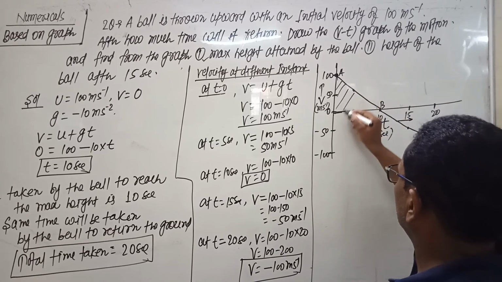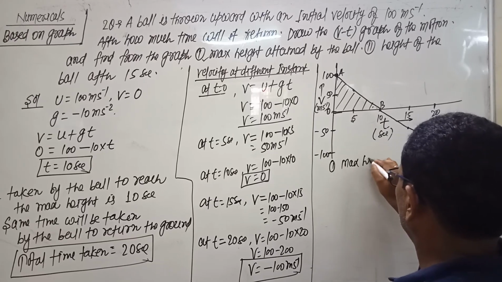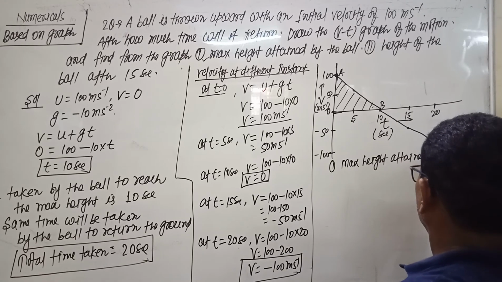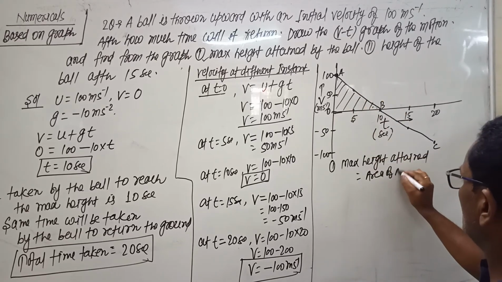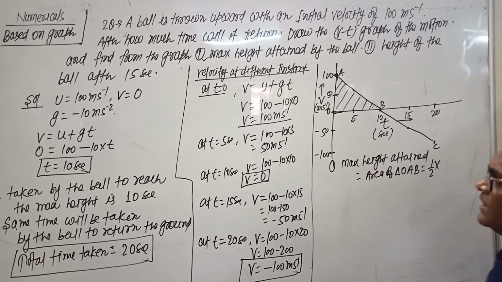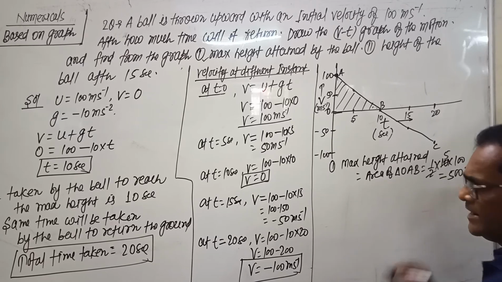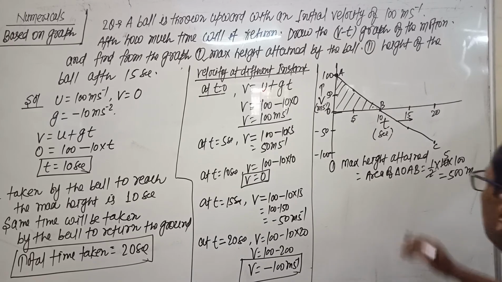The maximum height attained equals the area of triangle OAB, half into base 10 into height 100. So the total height covered is 500 meter.